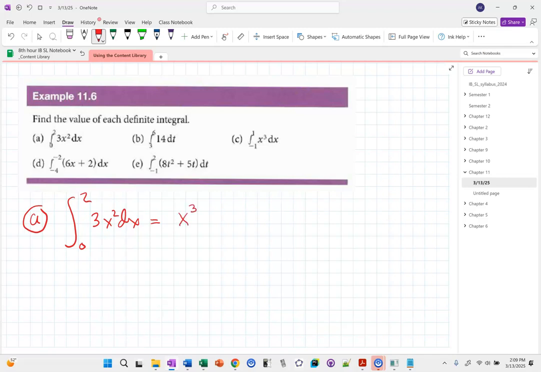Nope, just x cubed. And then we're going to evaluate that at 2 and 0 and look at the difference. So the answer here is 8. So it's just like doing the other problem, and then you just plug in some number, or numbers, at the end.